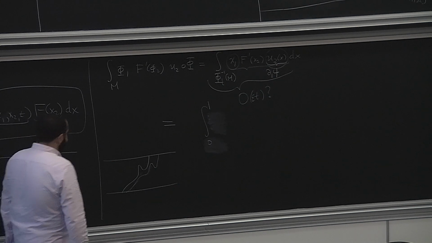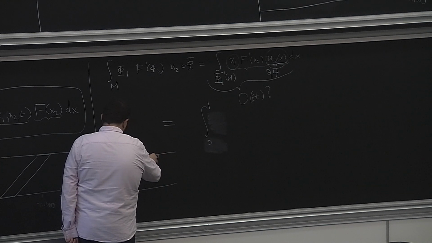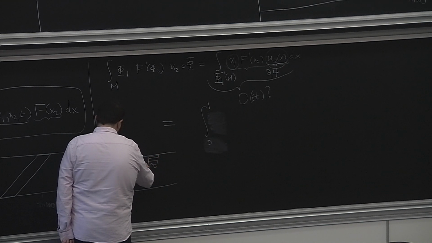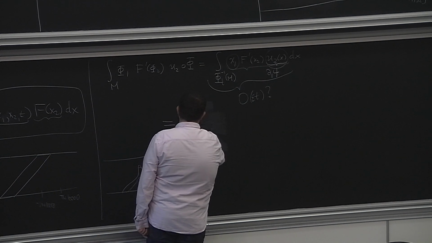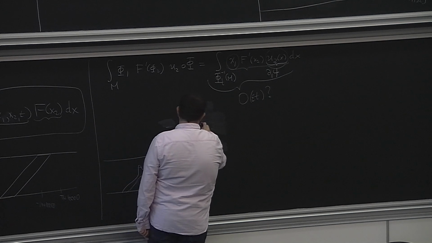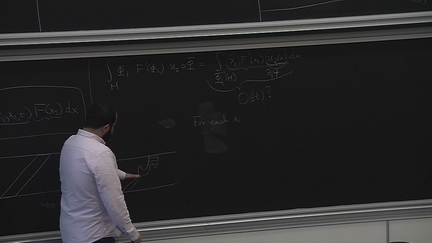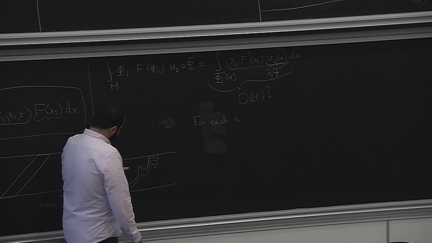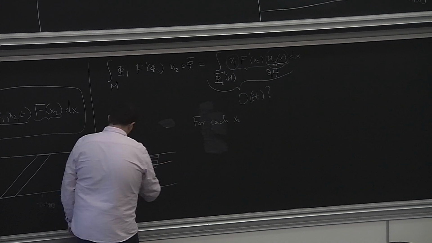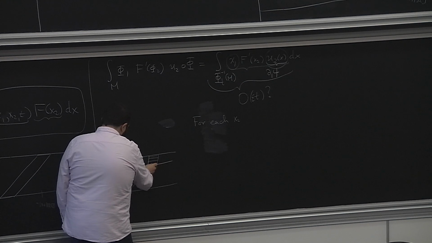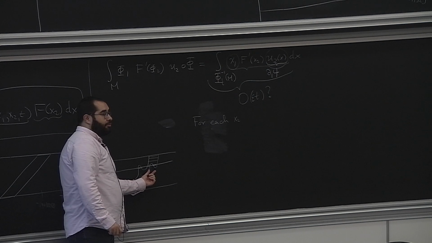Okay, so let's take each y value and integrate separately. So for each x2, generically, if you look at this level, there will be a finite number of intervals that are inside the domain, inside phi t inverse of m.